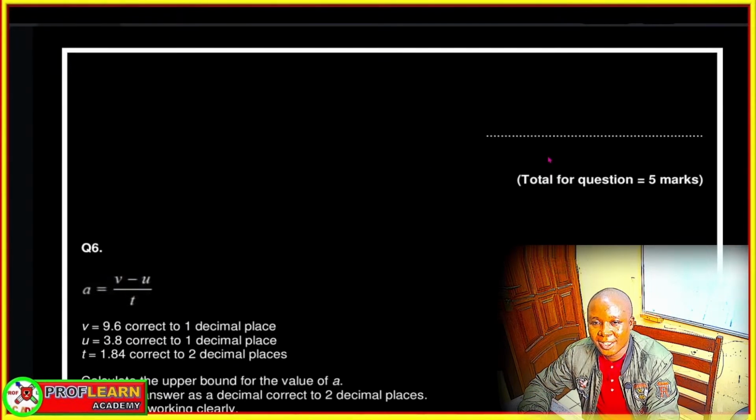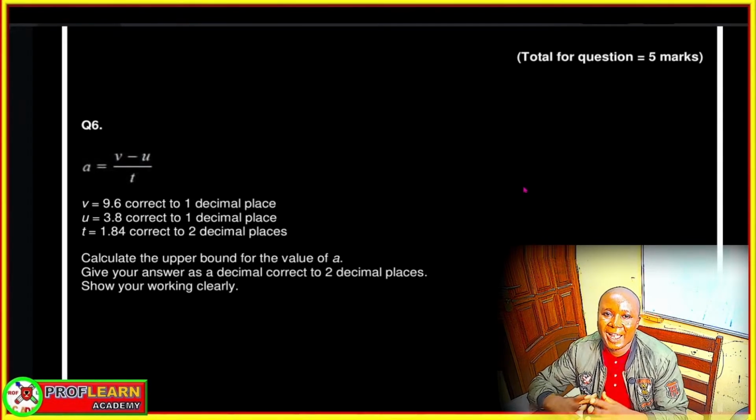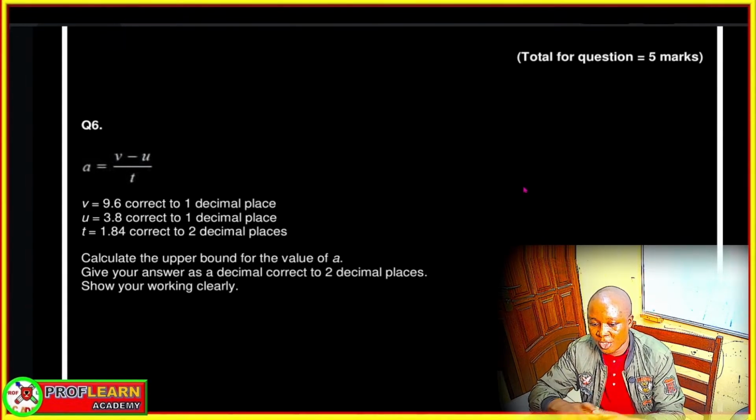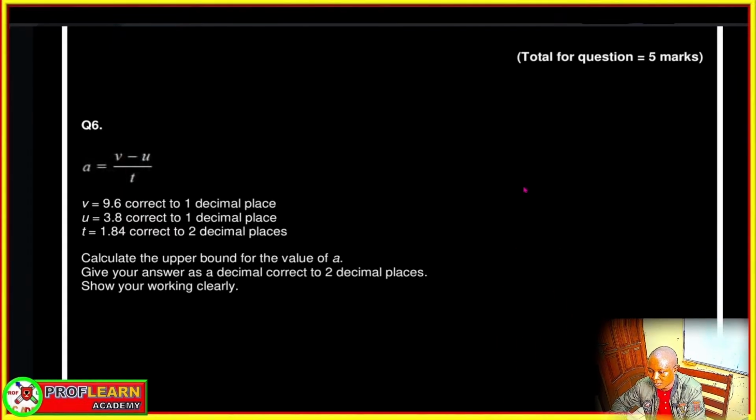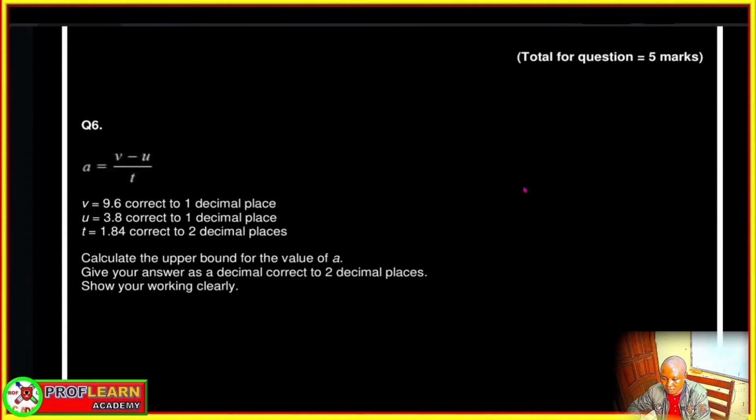Another question that you must be tested on is finding the upper and lower bound whenever you are given a formula. So whenever you are given a formula and you are supposed to find the upper bound, you can see here we are given a equals v minus u over t.